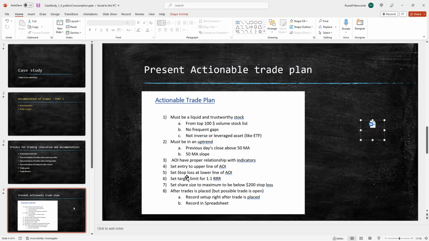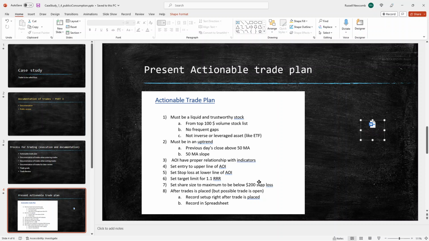He uses the full area of interest, so he sets the entry line at the upper line, the stop loss at the lower line, does not use any wiggle room at all or jumping the gun just before the area of interest. He's setting a single target at 1.1 return to risk ratio.